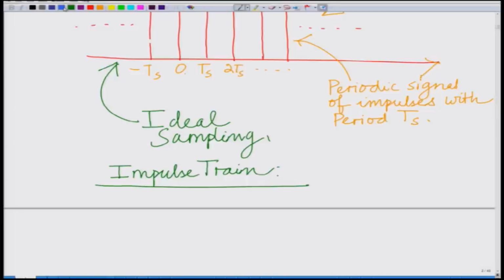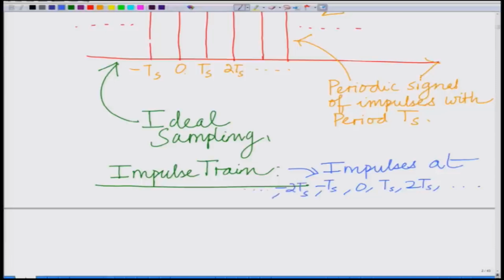If you look at this impulse train, you have impulses once every Ts. So, you have impulses at 0, impulses at Ts, impulses at 2 Ts, and so on, and you also have impulses at minus Ts, minus 2 Ts and so on.